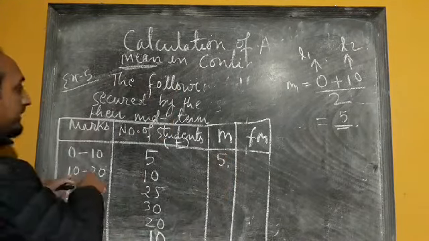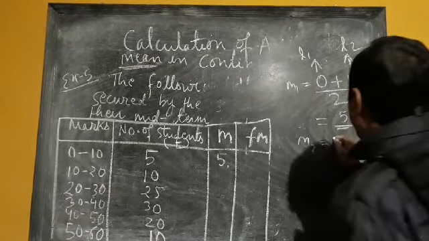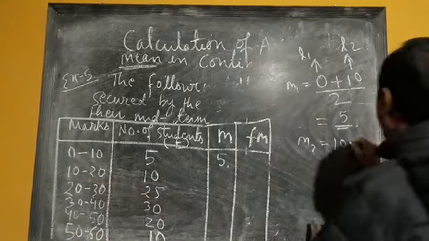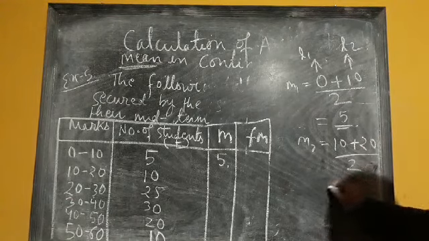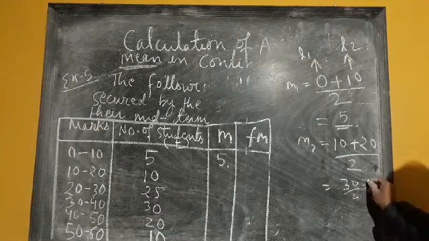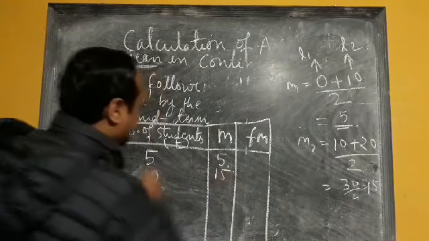Now for the second mid value, M2, lower limit we have 10 and upper limit we have 20. So 10 plus 20 is 30, 30 divided by 2 equals 15. So the second mid value is 15.